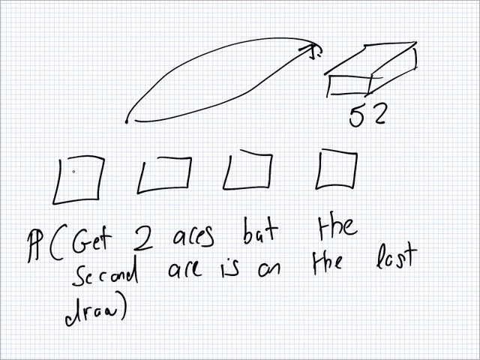So an example would be something like no ace, ace, no ace, and you must get ace at the end.